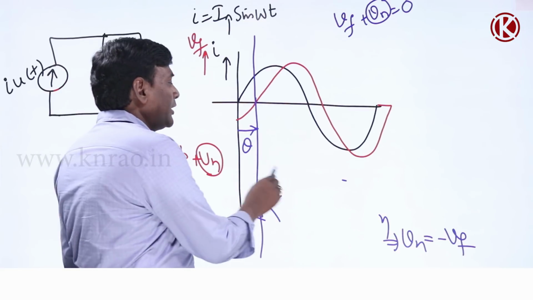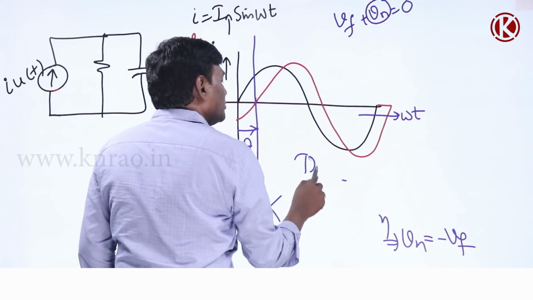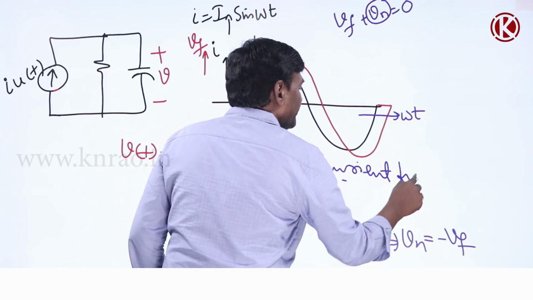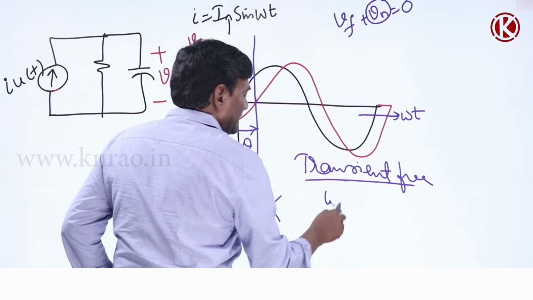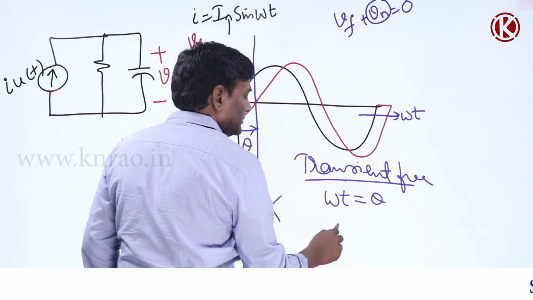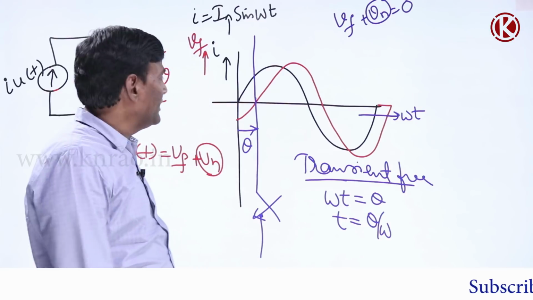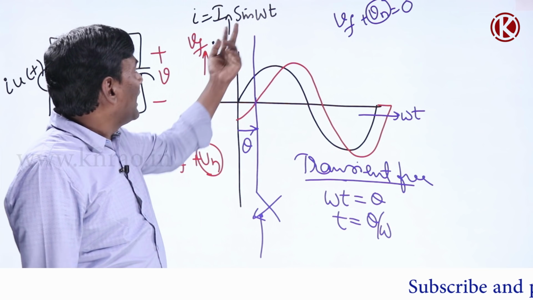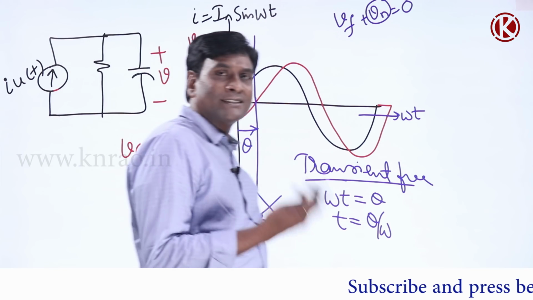In order to have a transient free response, if I think of omega t here, then omega t equal to theta, or t equal to theta by omega. If they have any shifting property for the current, under that condition sin omega t plus pi will come, like the way we discussed in the RL network.